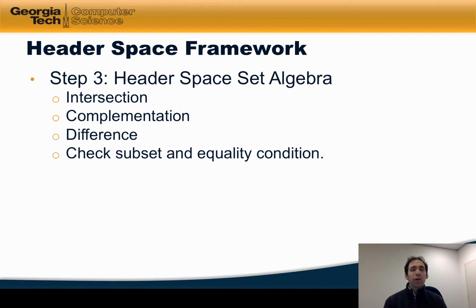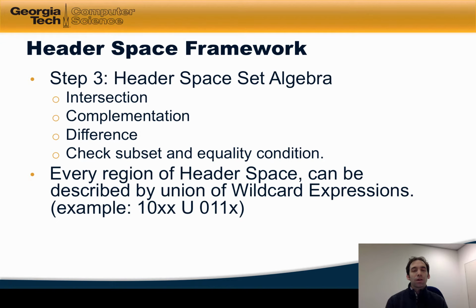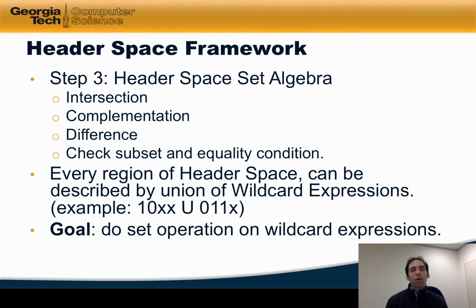The third part of the header space framework is the header space set algebra, which allows us to compute header spaces that may result from the application of particular operations, such as intersection, complement, difference, or checking subsets or equality. Every region of header space can be described by a union of wildcard expressions. So our goal in applying header space algebra is to perform set operations on these wildcard expressions.